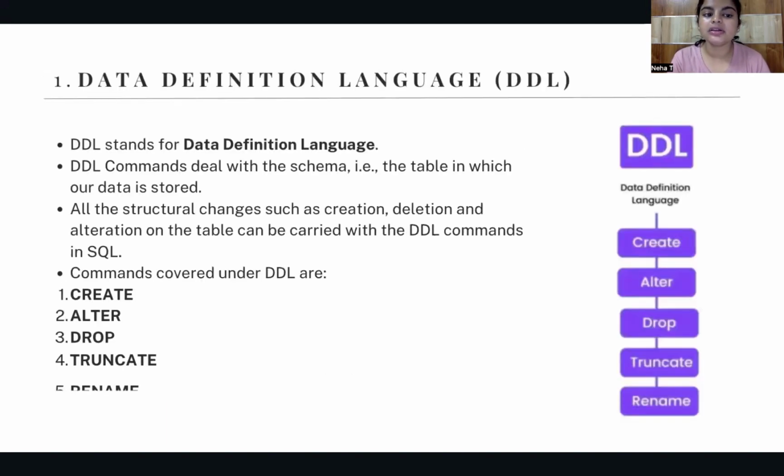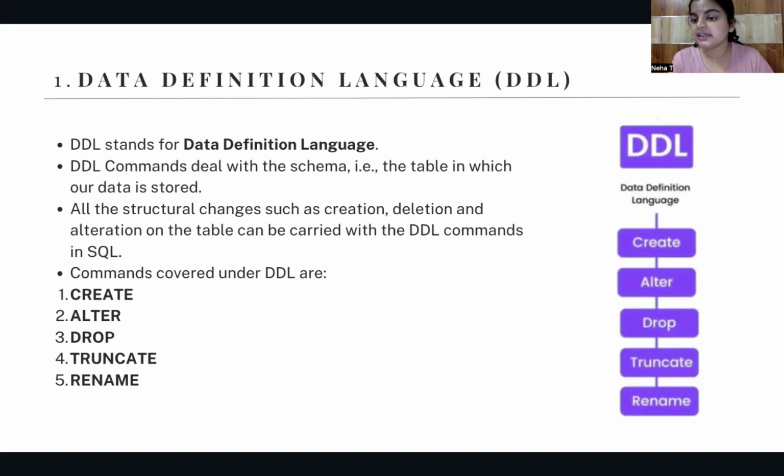The first one is data definition language. What is data definition language? DDL commands deal with the schema. What is a schema? The table in which the data is stored. That is the schema. All the structural changes, in the sense of any change that is done to the structure of the table, like creation, deletion, and alteration of the table, are carried out by the DDL commands.